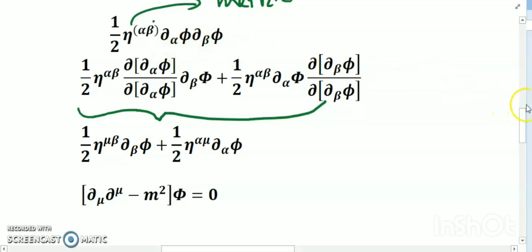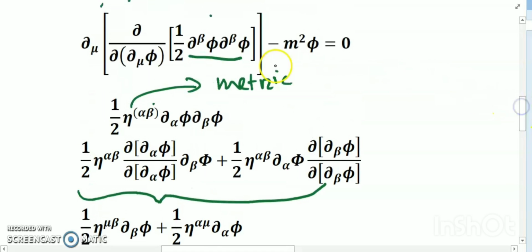So, taking the derivative with respect to del mu phi, it can be written, okay, in here it should be mu, and this is also mu.